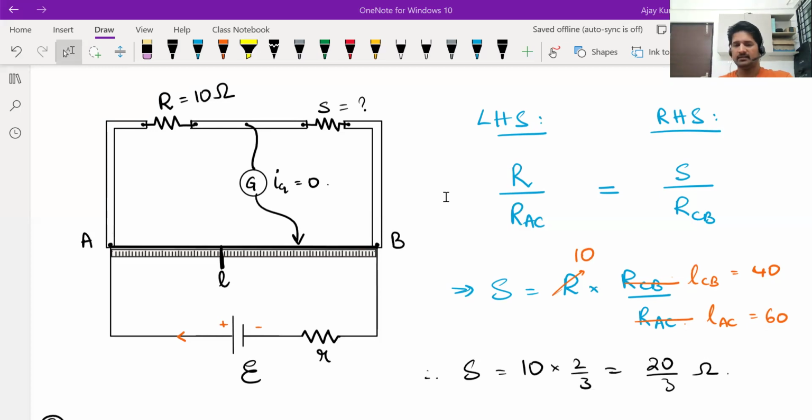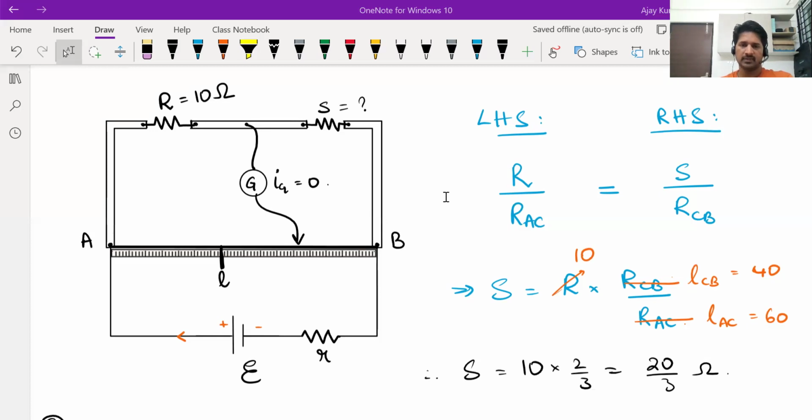Is it guaranteed that you will definitely get one point where the galvanometer shows 0 deflection, when you shift it in steps of 1 centimeter?